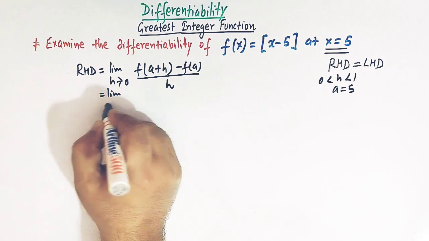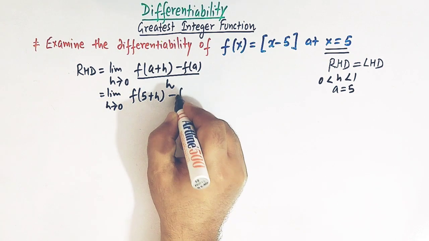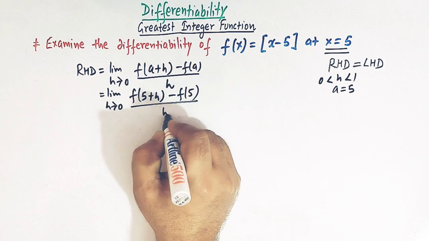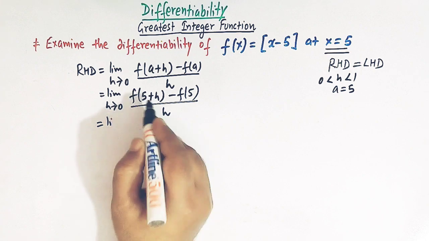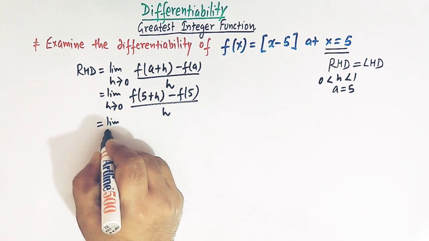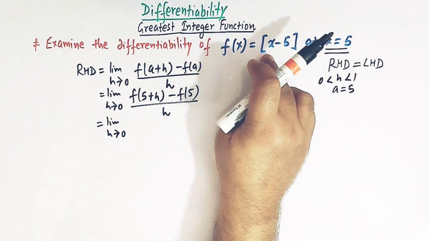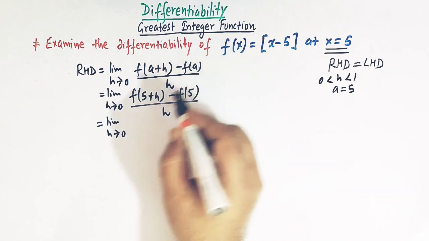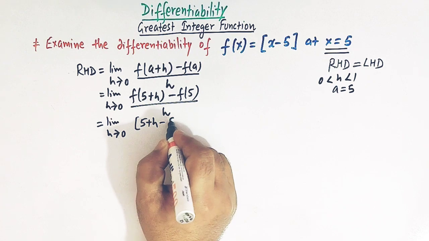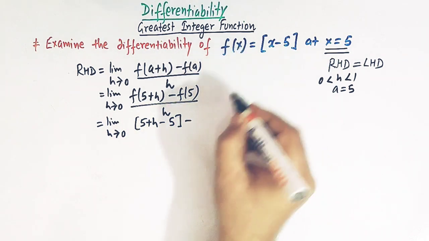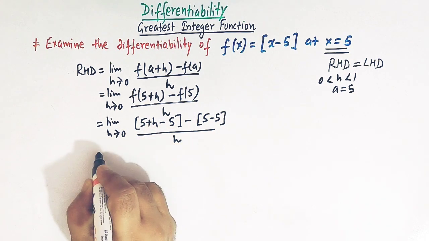So we can write limit h tends to 0 of f of 5 plus h minus f of 5 divided by h. Now let us find f of 5 plus h. It is obtained from this function by replacing x by 5 plus h, so we have greatest integer of 5 plus h minus 5, and f of 5 is greatest integer of 5 minus 5, and here we have h.